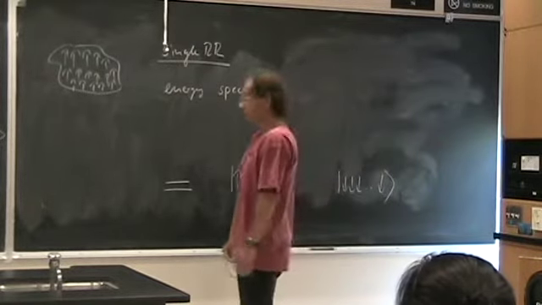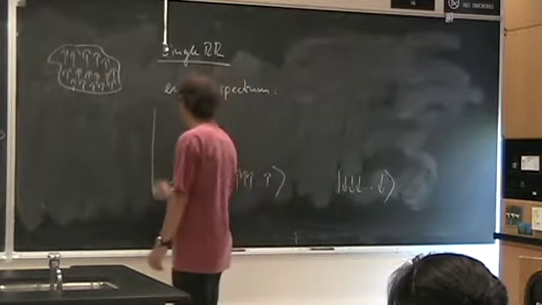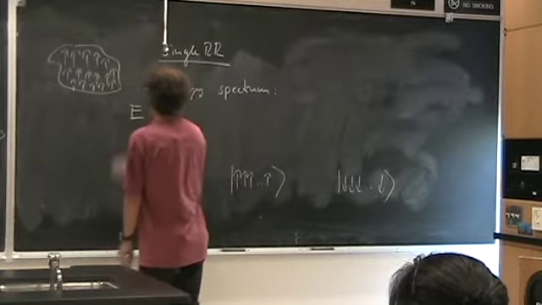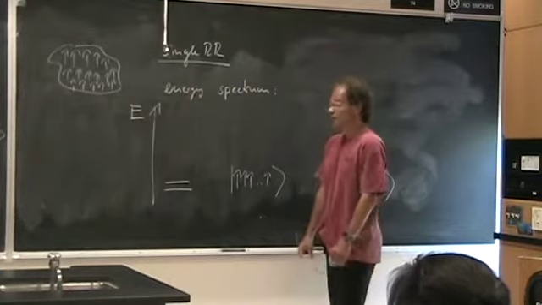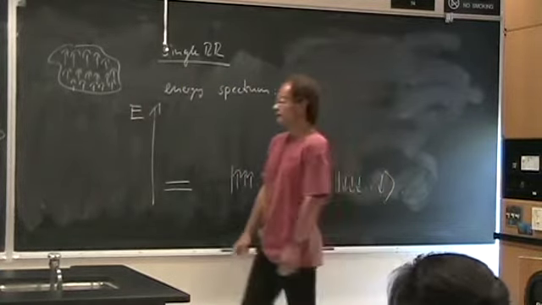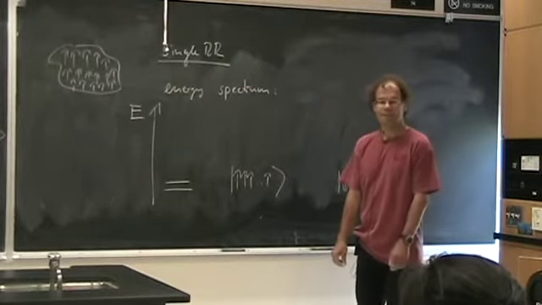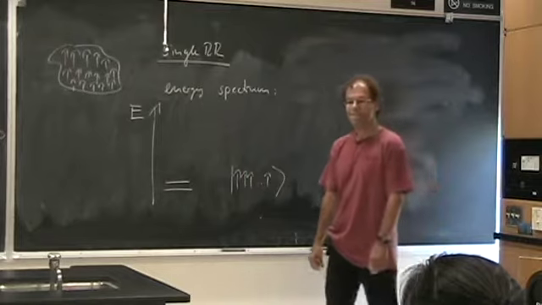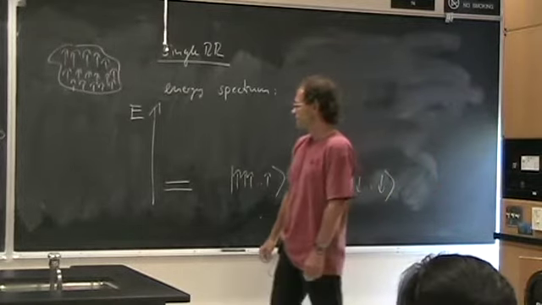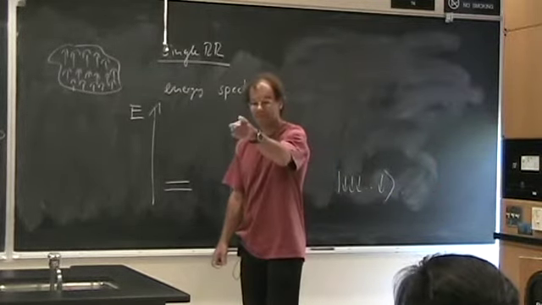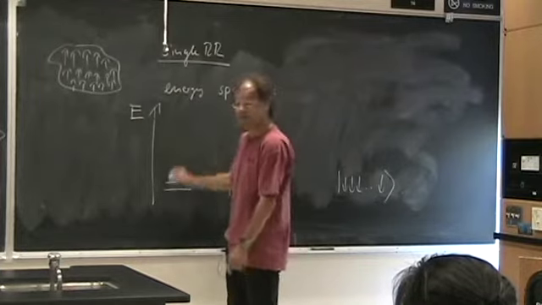Okay, what about the other states? There's many more states. This thing has totally 2 to the n states if you have n spins in there. Where are they in my spectrum? There's a gap G. So how large is the gap?